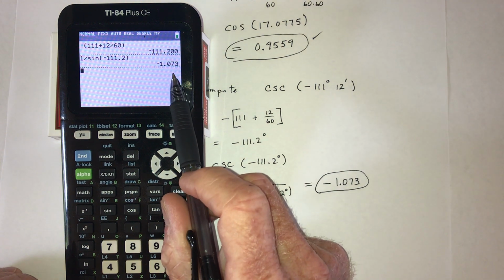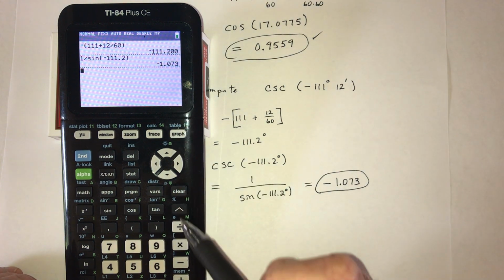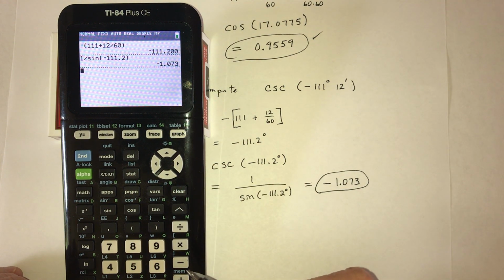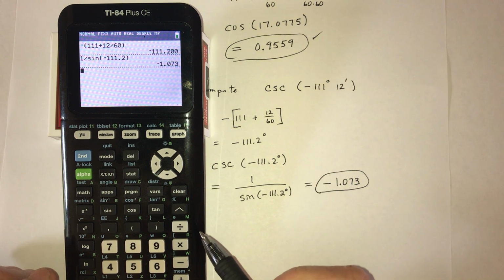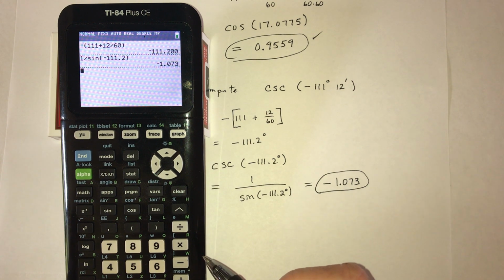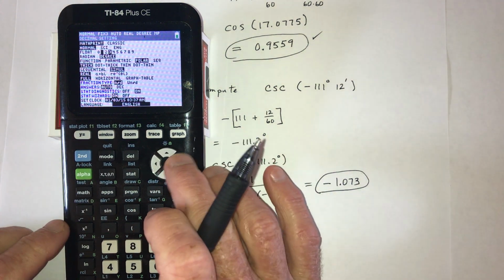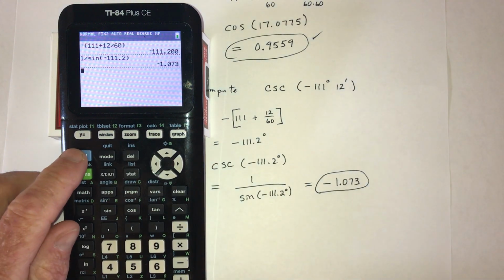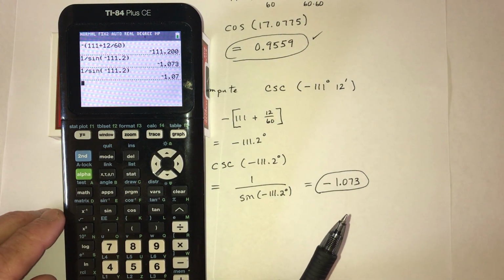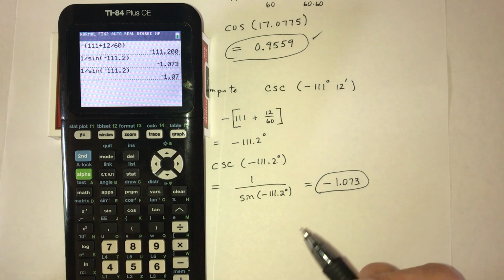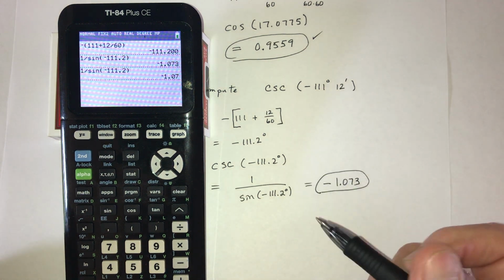So I prefer to work with 3 decimals all the time and just leave it as 3 decimals. When you're doing online homework, it may say, for one problem, round this to 2 decimals. So change the mode, change it to 2 decimals. It usually says it right where you're supposed to type in the answer.